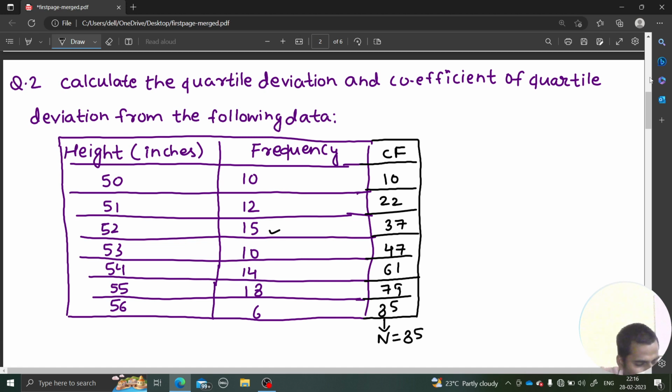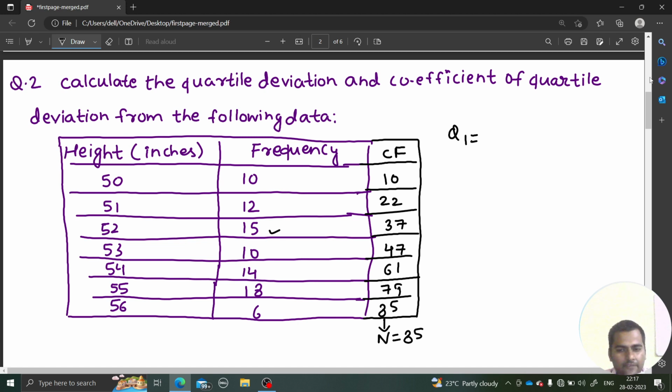And now if you find n, it's simple. After you reach n, for the Q1 value you will have to see the item which is corresponding to the cumulative frequency just greater than that number.